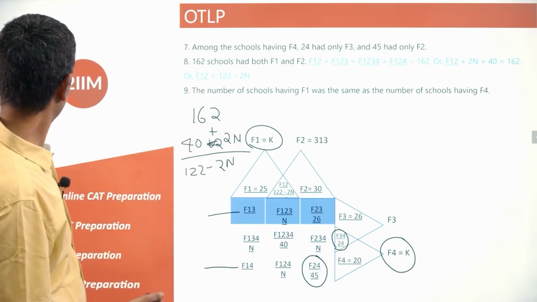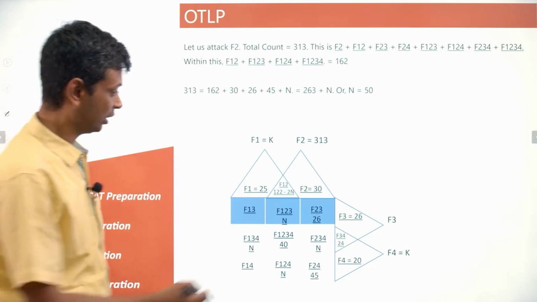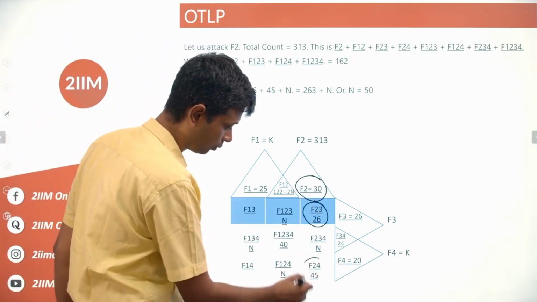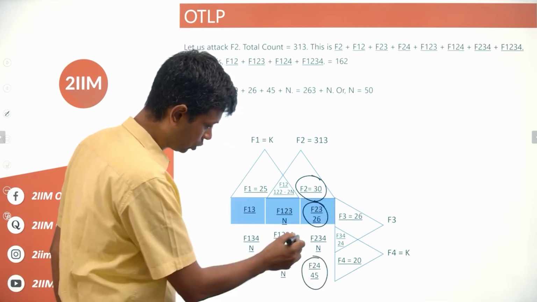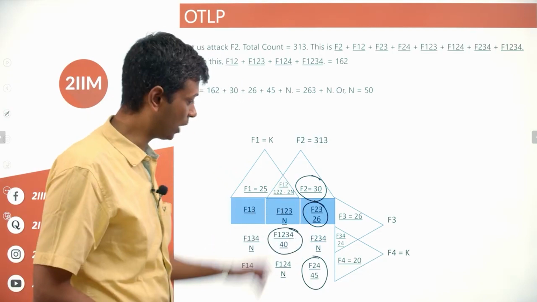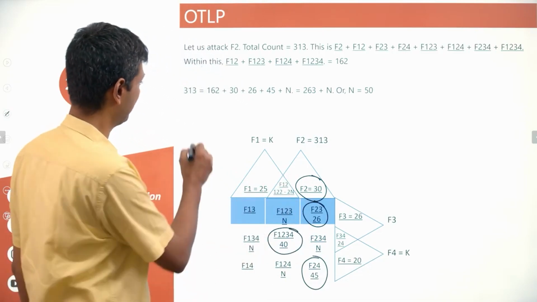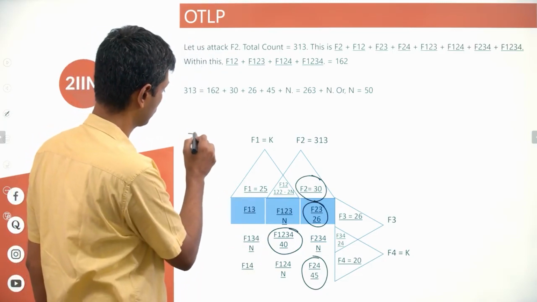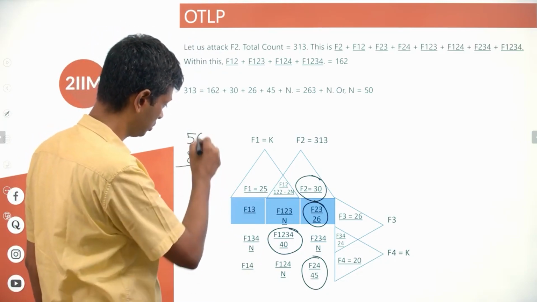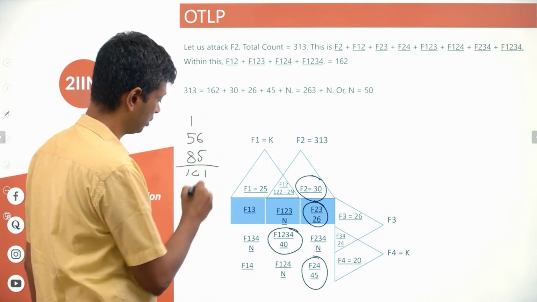So let's jump to that. So F2 is 313. That is, you add this 30, 26, 45, 40, and then the other expressions have n in them. So I'm going to add this. 30 plus 26 is 56. 56 plus 85 is 141.